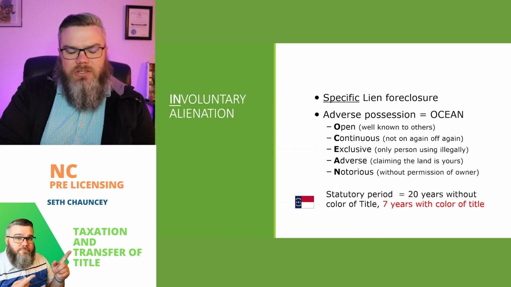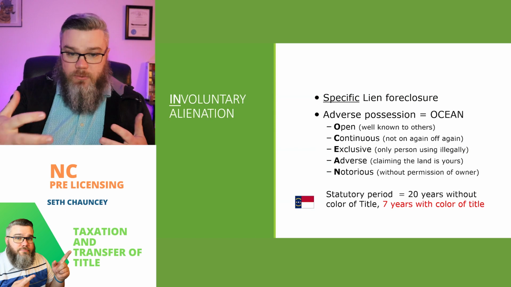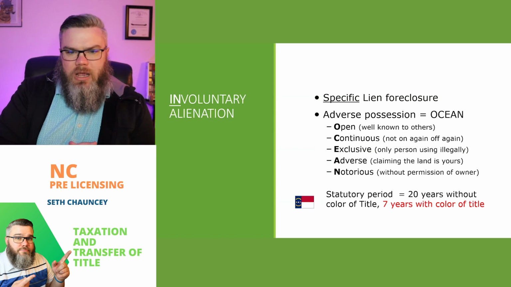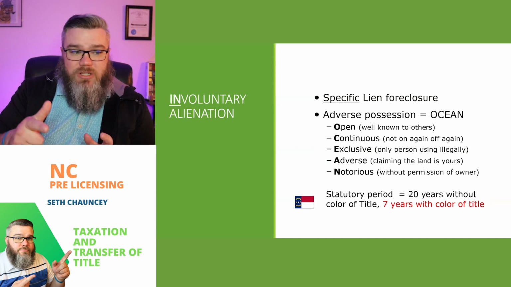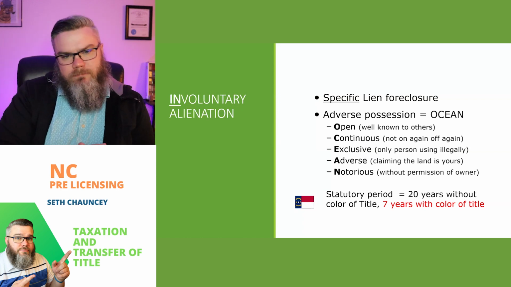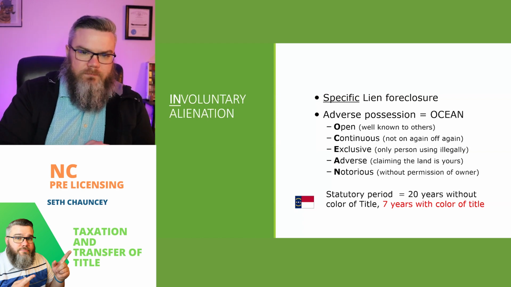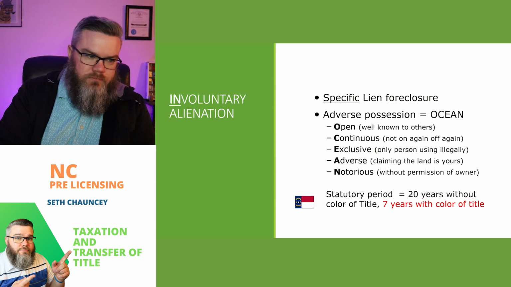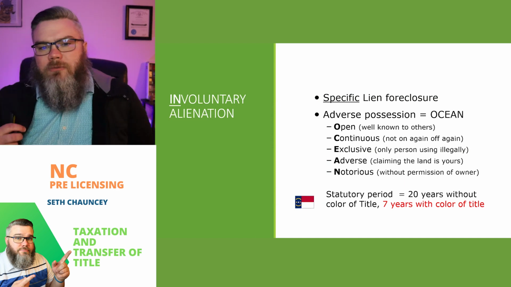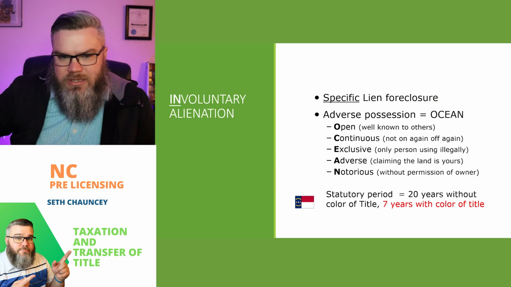And that gives the banks the right to sell that, foreclose, force the sale of that property if you stop paying them. And so that would be an involuntary alienation. You didn't pay, the bank forces the sale of it, and they sell it to somebody else. You've been removed from your ownership. Foreclosure. So specific lien foreclosure is a much more common form of involuntary alienation versus adverse possession.